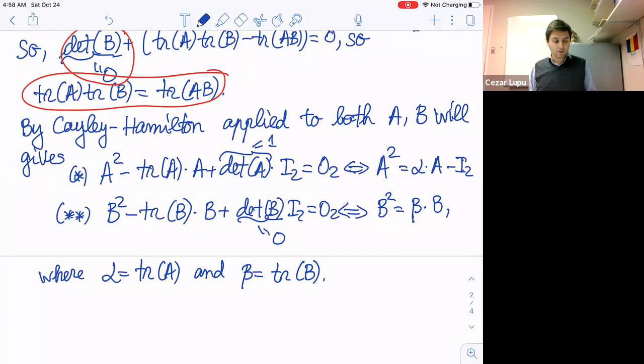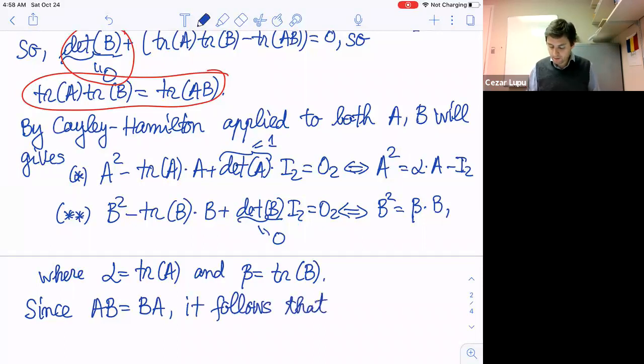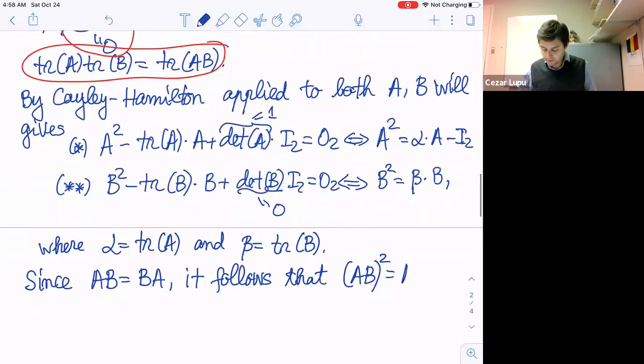Now, what I'm going to do is the following. Since AB is the same as BA, so now we're going to use the fact that these two commute, it follows that (AB) squared is the same as A squared times B squared, right?